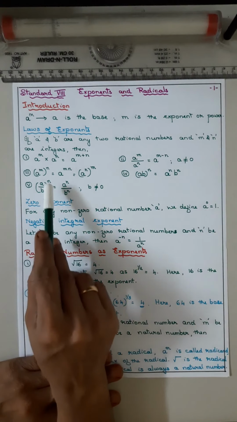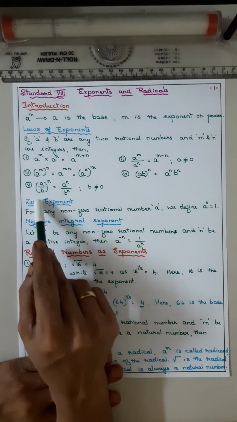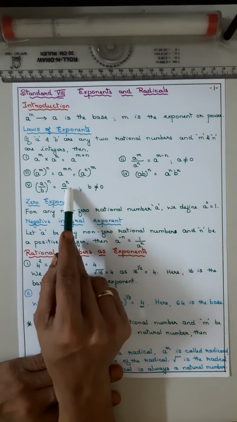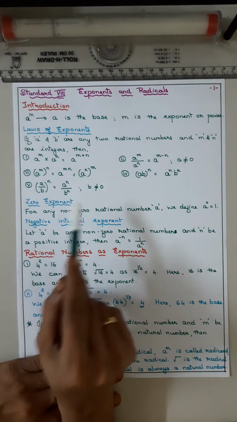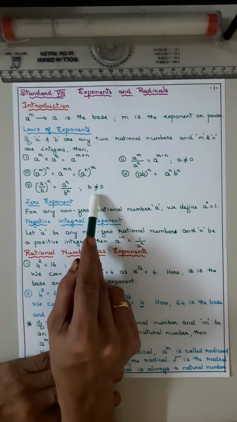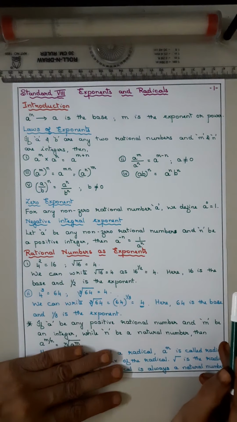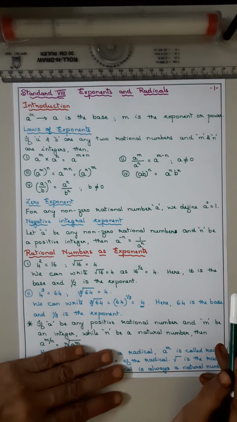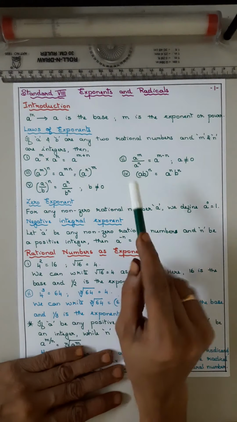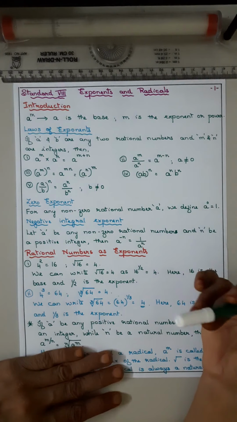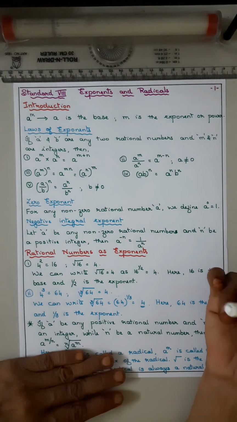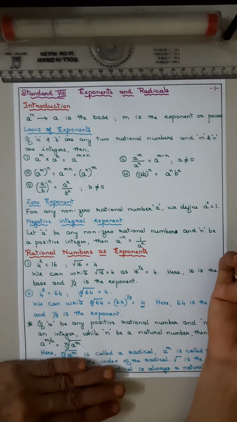Now division. a by b, the whole power n is equal to a to the power n upon b to the power n. Here the denominator b should not be equal to 0. Okay. So these are the 5 laws. Already you have learnt, and this year we are discussing something extra more.